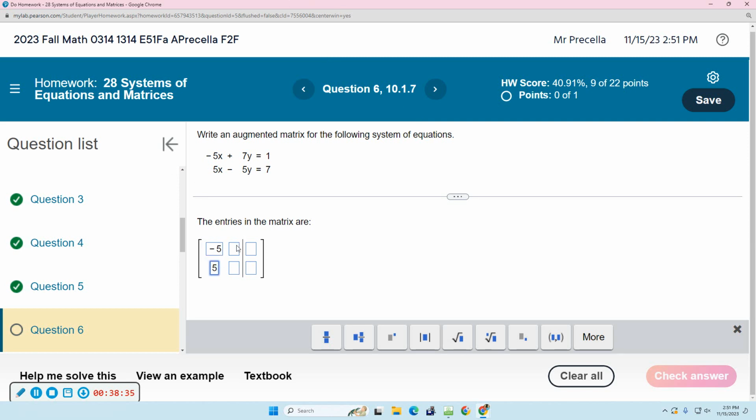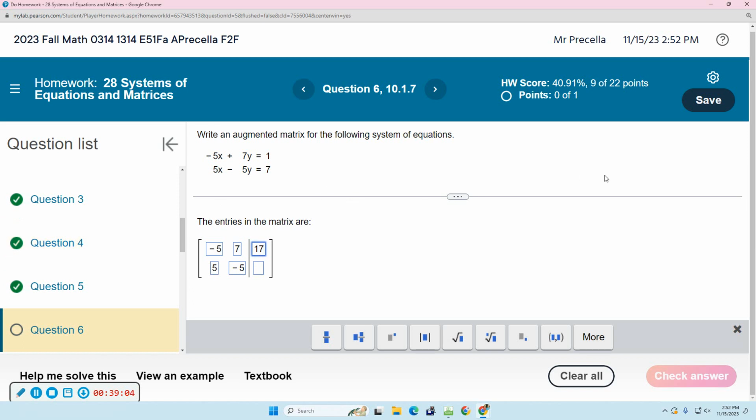What will we have as the second column of the matrix? 7 and -5. And do y'all see the little bitty vertical line? That vertical line is taking the place of the equal sign. That's saying you're moving to the other side of the equal sign. So that's the column of constants, which is going to be 1 and 7.